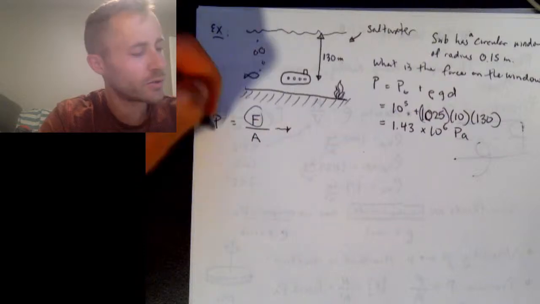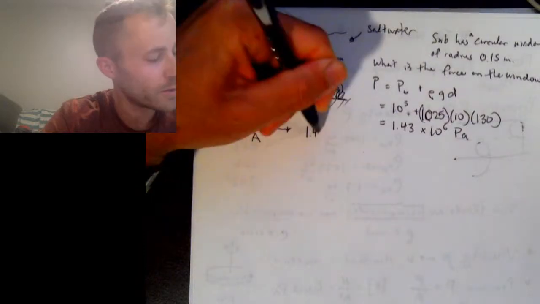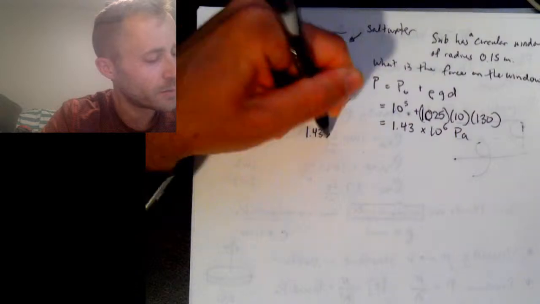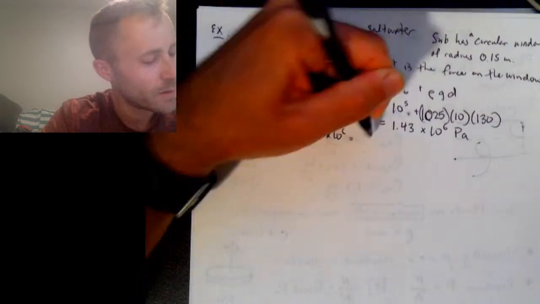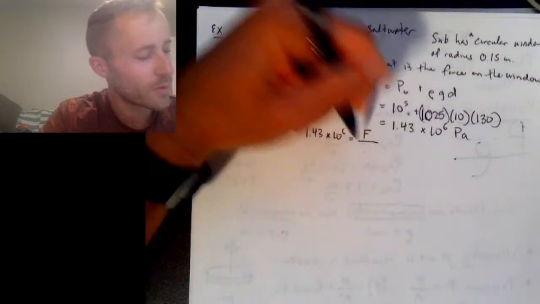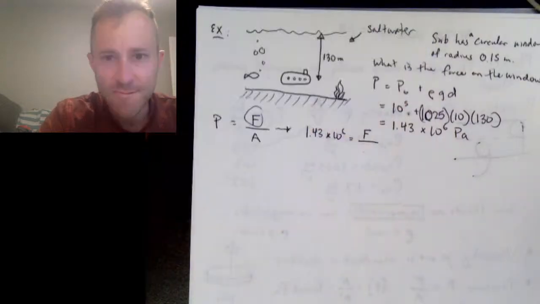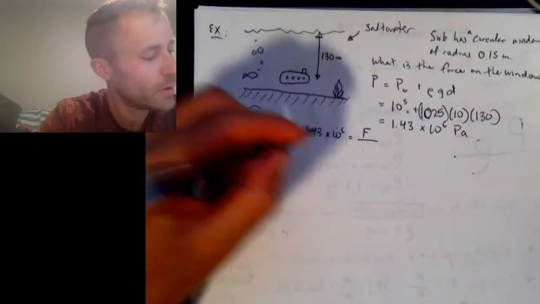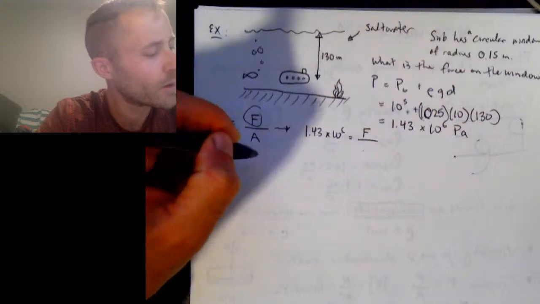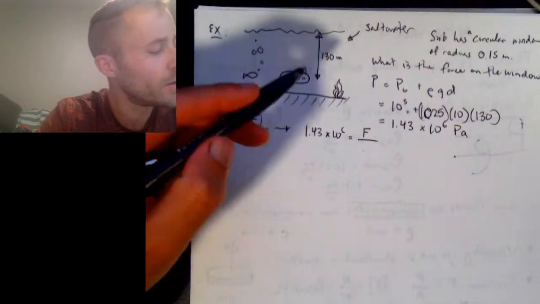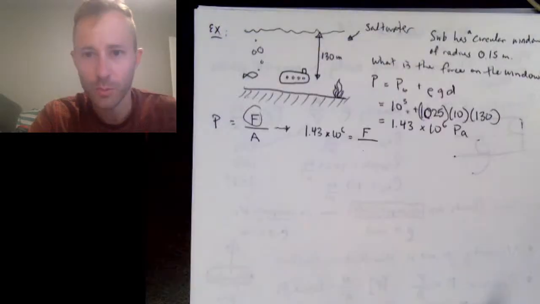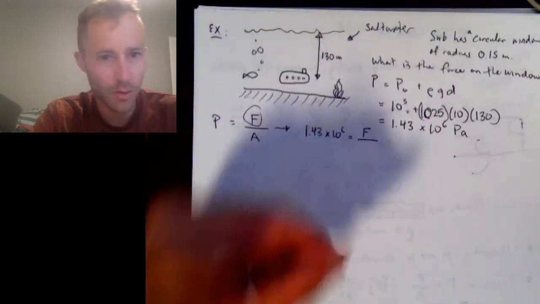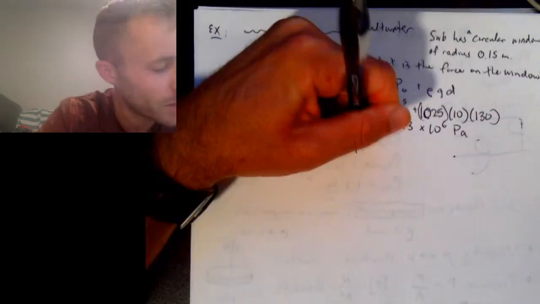So the pressure I know is 1.43 times 10 to the 6th. The force we're trying to solve for. Okay. And then the area, it is a circular window, so the area of a circle is pi r squared.